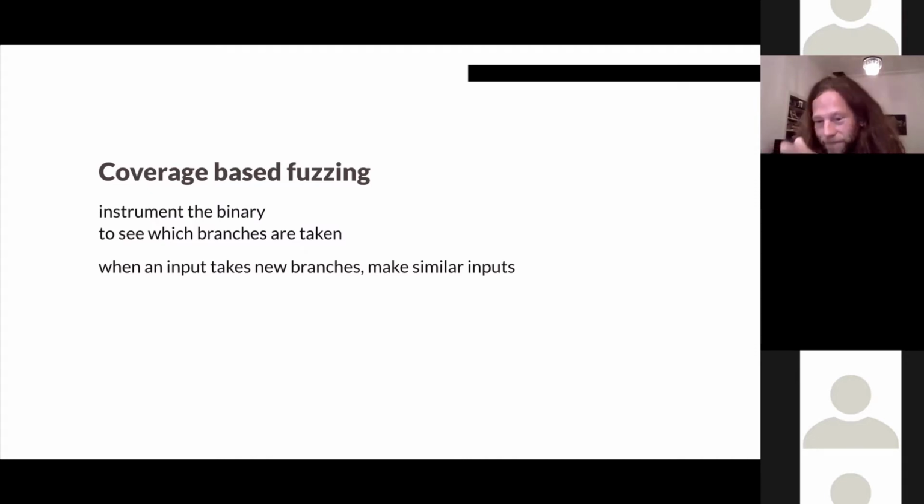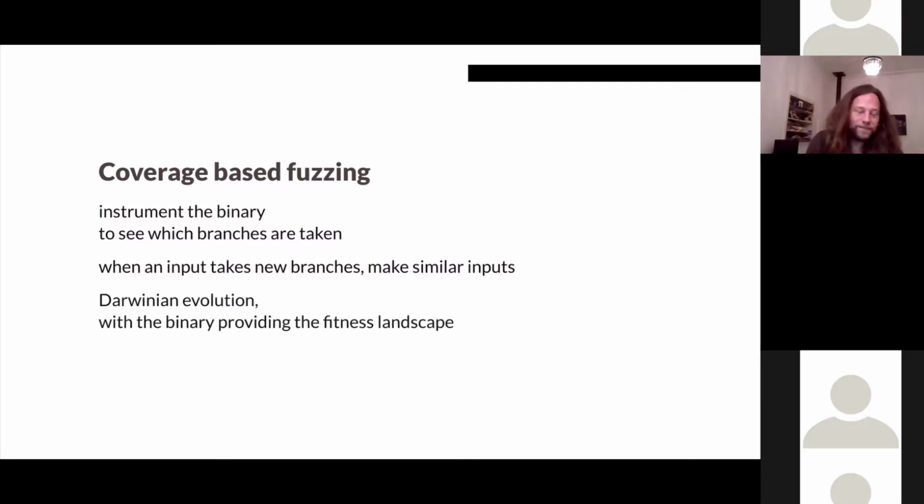So when an input finds a new way to go, a new path through the program, or even just a tiny little bit of a new path, that input joins the breeding population and becomes a seed for other ones that are trying to do the same thing, or find new territory in the same kind of area.